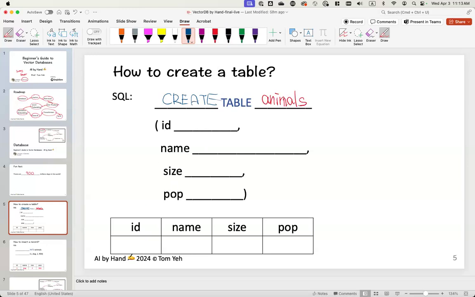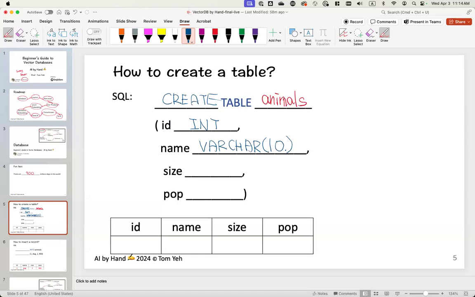One decision we have to make is the data type for each of these properties. For ID, we typically use an integer. So I write integer. For name, we can use variable characters, and then we get to specify how many we want. So it says 10, so cat, dog.